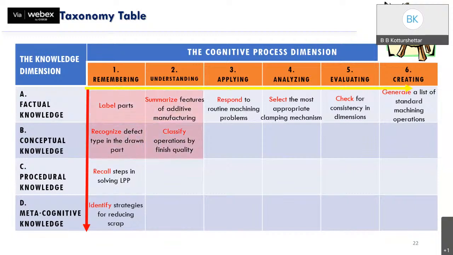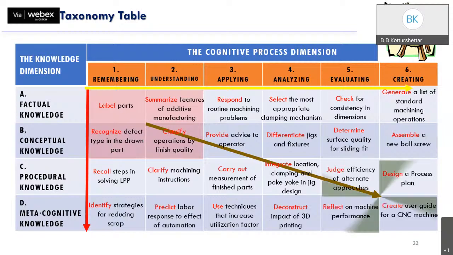So normally our focus is here in the pink portion. Okay, factual knowledge, conceptual knowledge at remembering and understanding level. But now henceforth we need to be moving to this greener portion. We should be taking each one of our students to evaluating and creating level of procedural knowledge and metacognitive knowledge in order to move diagonally.